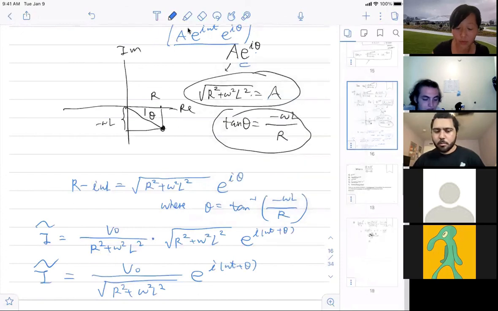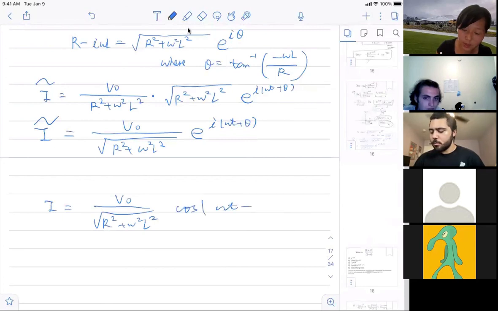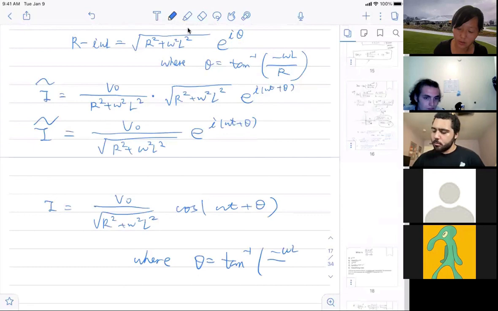Sorry, I need my real part, don't I? I need the real current, which you simply take the cosine. Cosine of omega t plus theta, where theta has already been found as the inverse tangent of negative omega L over R. Okay, so this is your current.